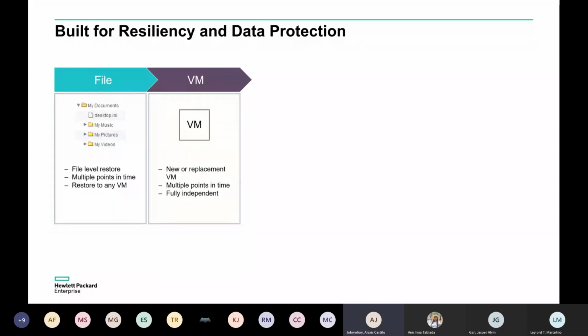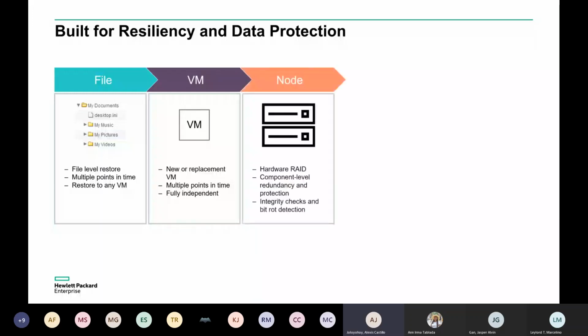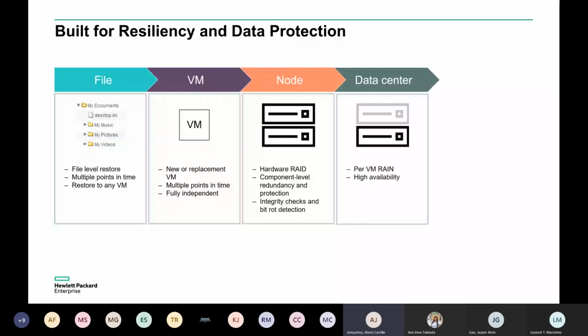In terms of node resiliency, I can tolerate these failures. And in terms of cluster or per data center, if you have a 2-node SimpliVity to run your VDI, I can tolerate one node failure, and the other node can tolerate this failure.